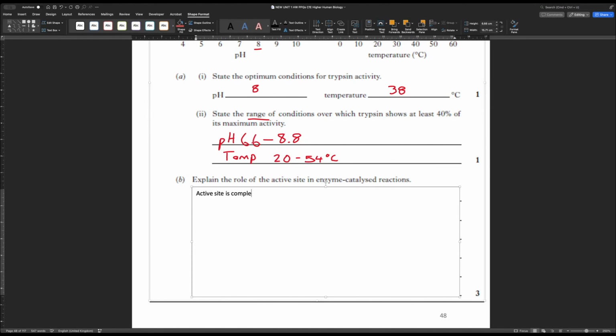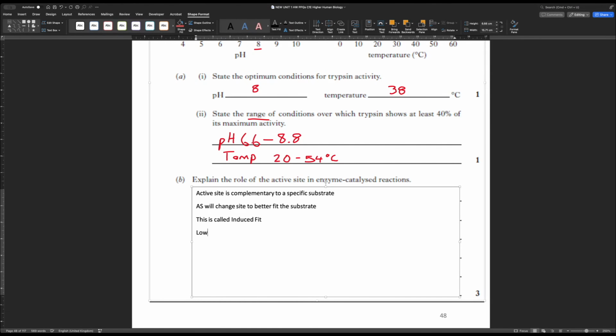is complementary to a specific substrate. We know that the active site will change shape to better fit the substrate. This is called induced fit.